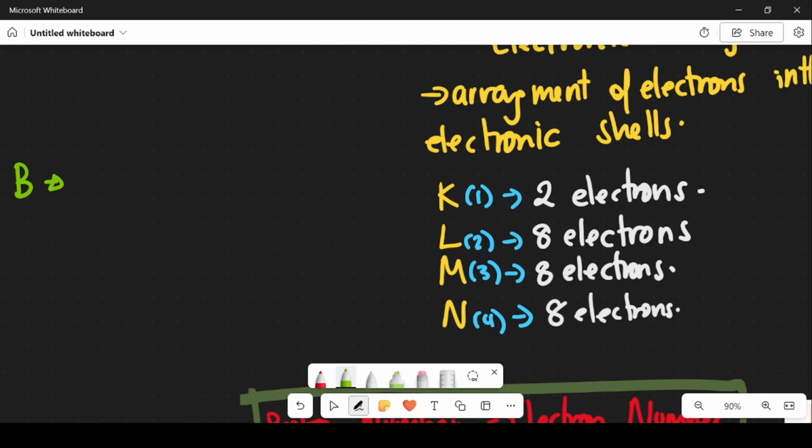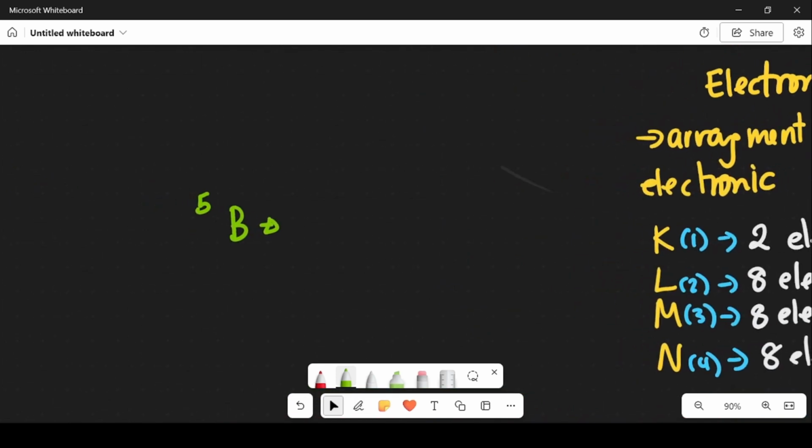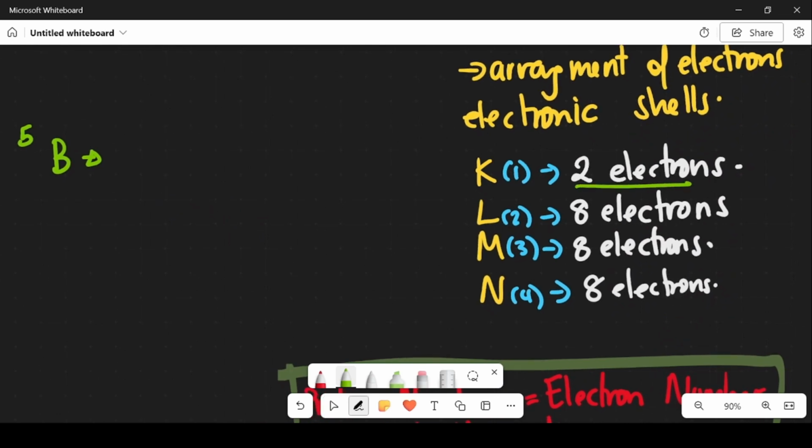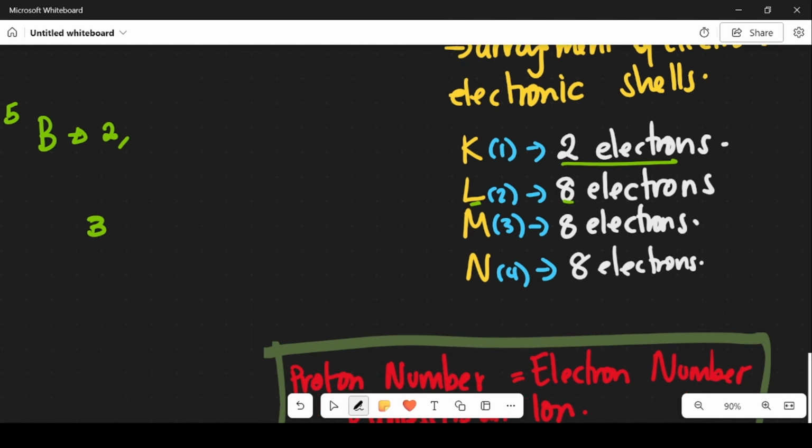So, if you are told to write the configuration of this, because I know my first shell has 2 electrons, I'm going to write 2, comma. Now I'm left with 3 electrons, and my L shell can only hold 8 electrons, but I only have 3 left, so I just have to put the 3 over here. Nothing to worry about. This is quite a simple one to do.